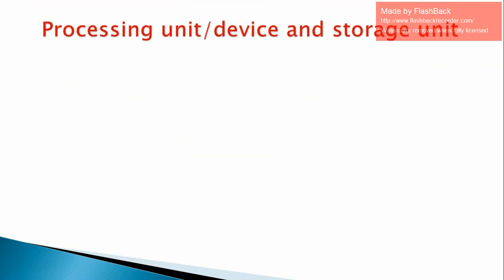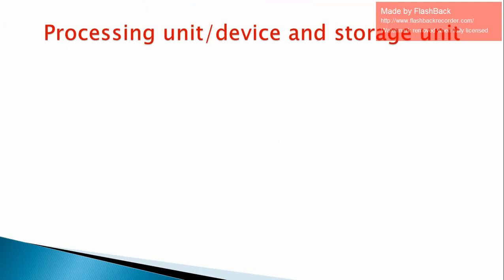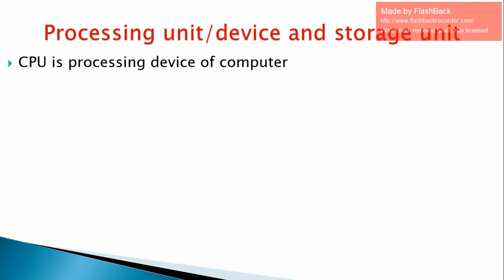Now we have the next topic, the processing unit or device, and the storage unit. What is a processing device? Those devices which process the input data to produce the output result.